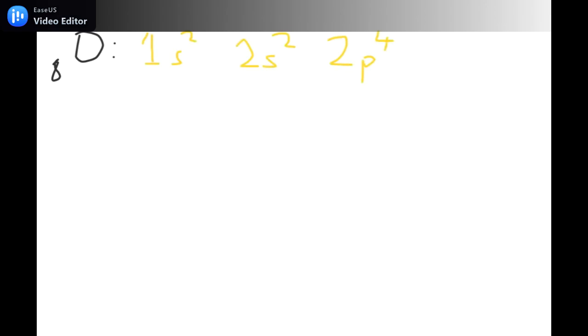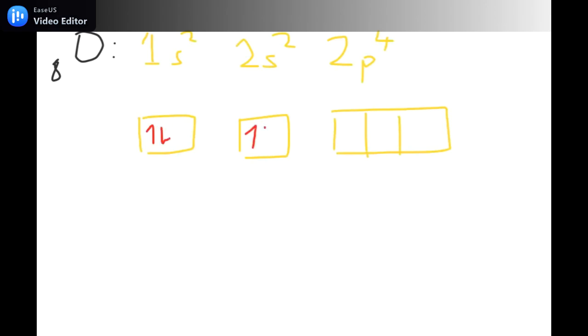So for the 1s subshell, we'll make one box. For the 2s subshell, we'll make another box. For the 2p subshell, we'll make 3 boxes joined together. First, we'll fill 1s. First, fill one electron, then another. Then in 2s, one electron, then another. In 2p, first we'll fill one electron in each orbital.